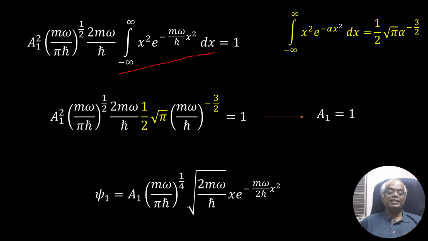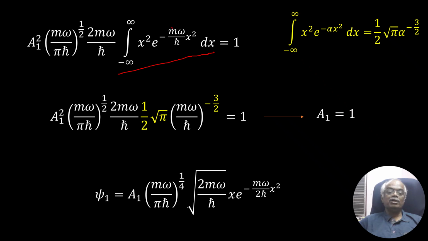This looks exactly like a Gaussian integration. If the integral is of Gaussian form, that is, the integral between minus infinity to plus infinity of x squared e power minus alpha x squared dx, it is equal to 1 over 2 square root of pi, alpha power minus 3 by 2.